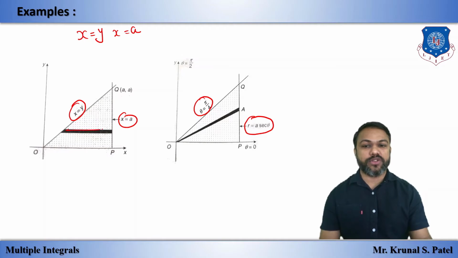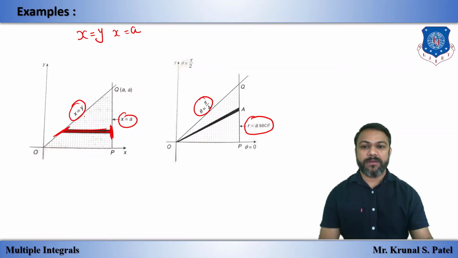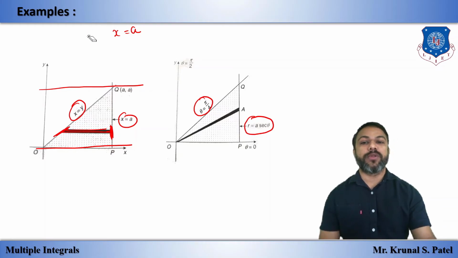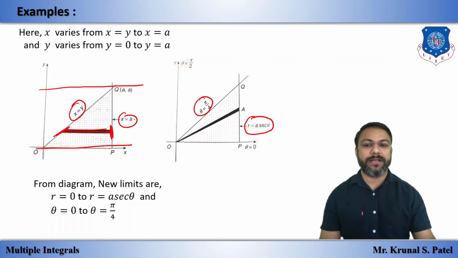So the given strip is horizontal from x is equal to y to x is equal to a, and it moves along the y-axis from y is equal to 0 to y is equal to a in this region. So in the same region we have to convert into polar form.